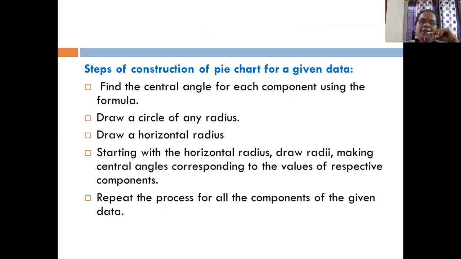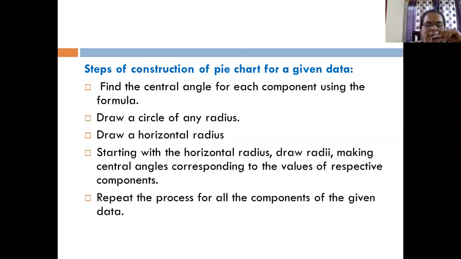So how to construct it? Find the central angle for each component using the formula, which I have shown in the next slide. Draw a circle of any radius. According to your convenience, small circle, big circle, any radius you can take. Draw a horizontal radius, that is, you need a starting line or a base, and from that you will start to divide.